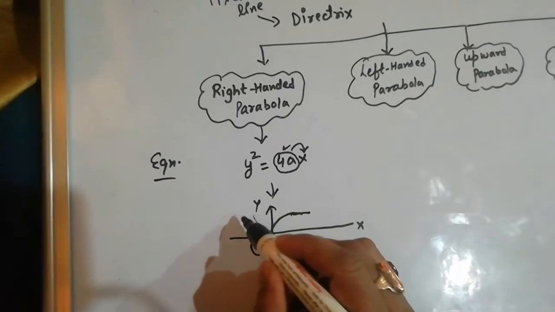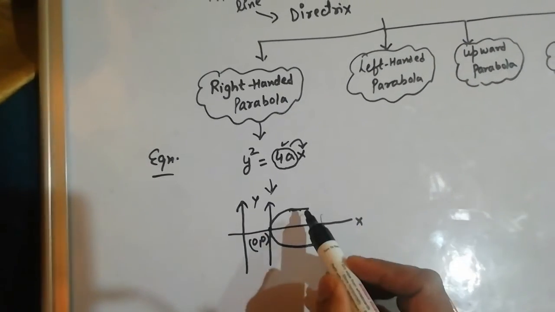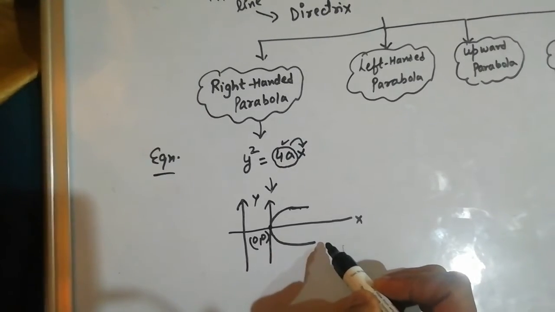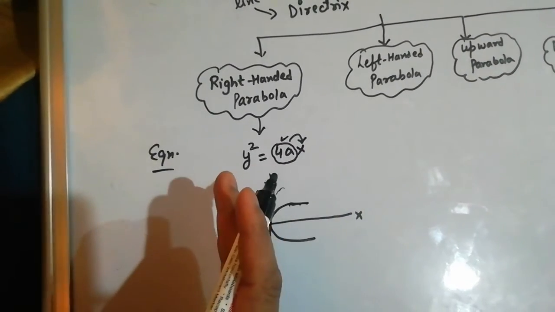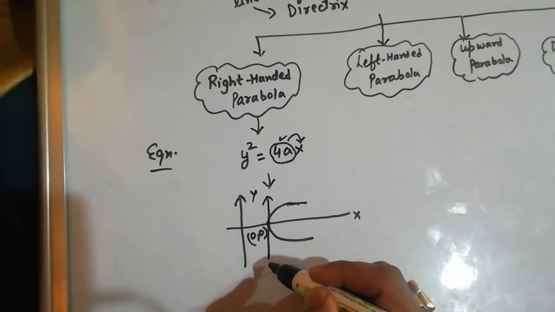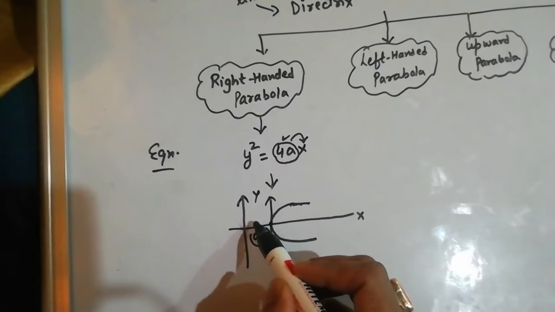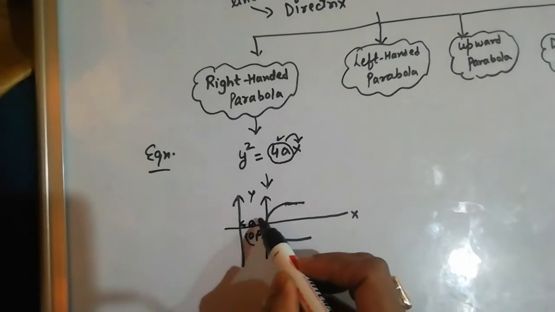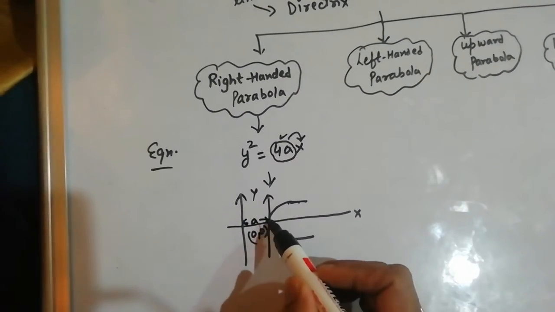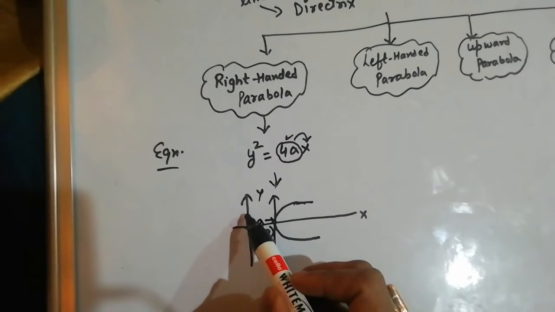If the parabola is along the positive x-axis, then you have to consider your fixed line here. The fixed line is parallel to the y-axis, and let this distance be a. If this distance is a, then what is the equation of this line?